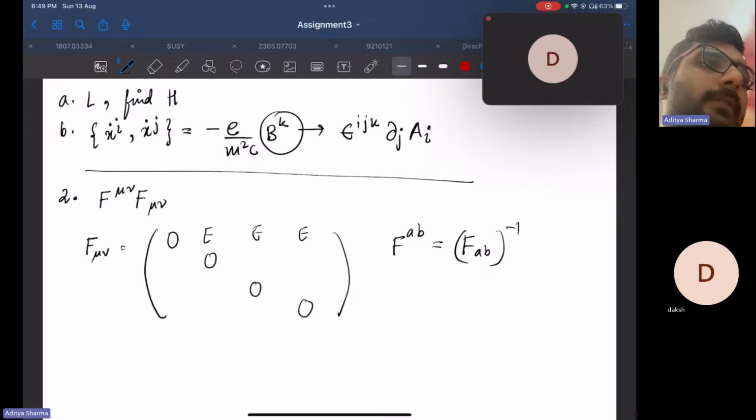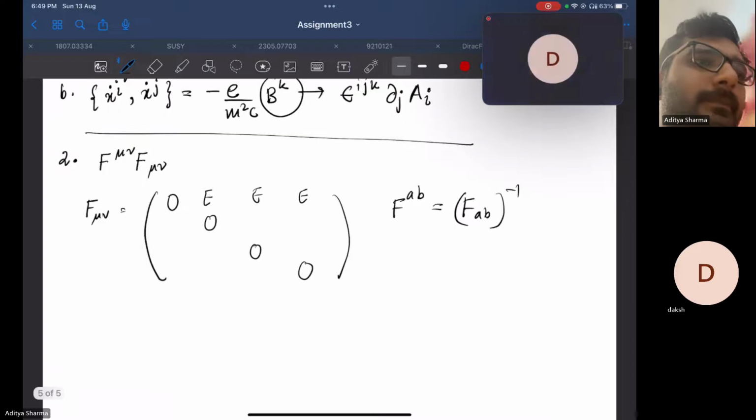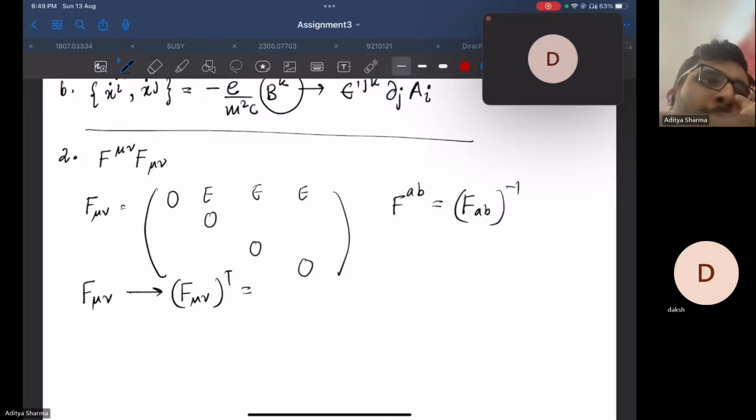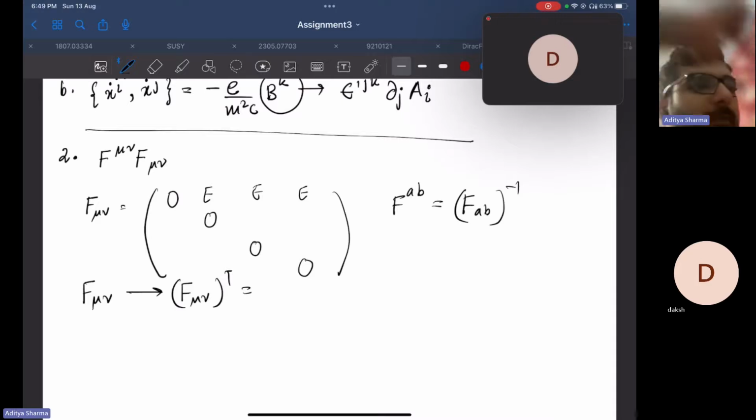It's not the transpose. If you have F mu nu, the transpose of this F mu nu is this.